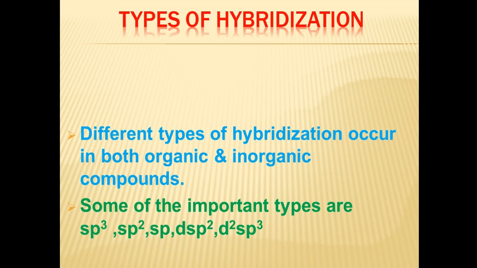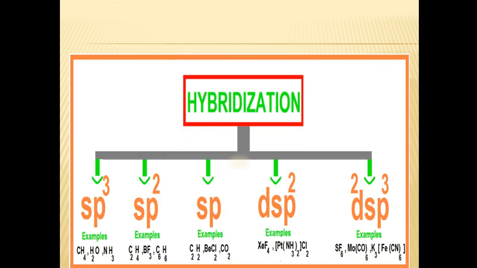Some of the important types are sp3 hybridization, sp2, sp, dsp2, and d2sp3 hybridization. Look at this slide, on which various types of hybridization along with examples are shown.